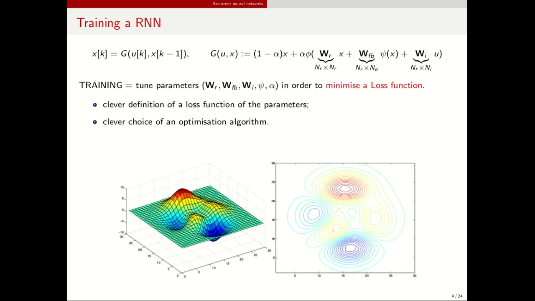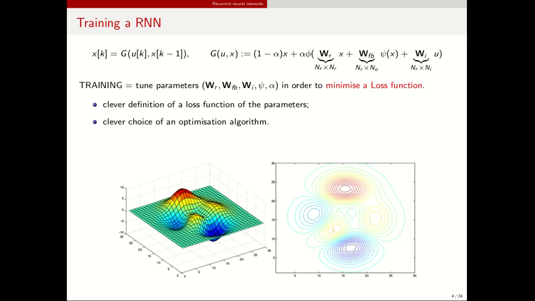All the training procedures of recurrent neural networks are basically sharing the same idea, which is to find and tune all the parameters of the model, which in our case are the entries of these matrices, the function psi and the parameter alpha, in order to get a suitable configuration of parameters to solve a specific task.